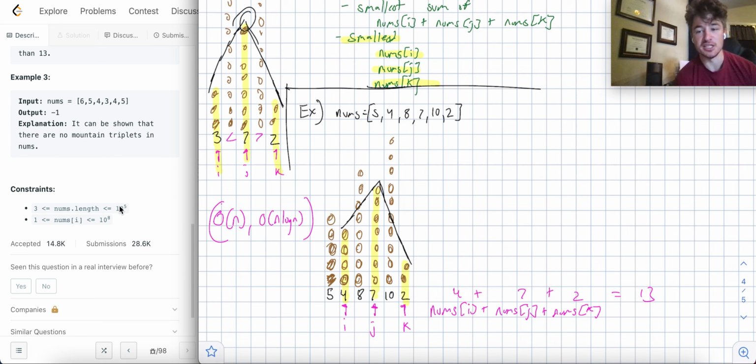There are always good indications about what will pass, what the upper end is, the slowest solution. If it's 10 to the 5, Leetcode can handle about 10 to the 6 operations before it gives you a time limit exceeded. Technically there could be a faster solution.